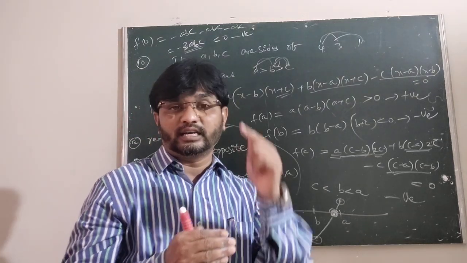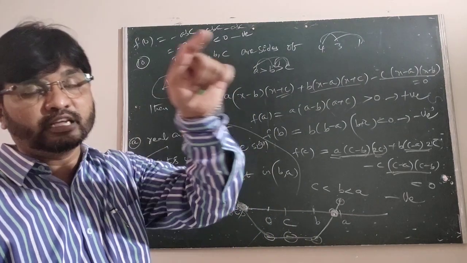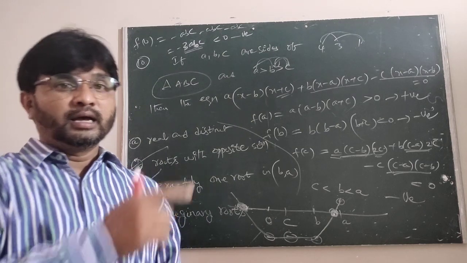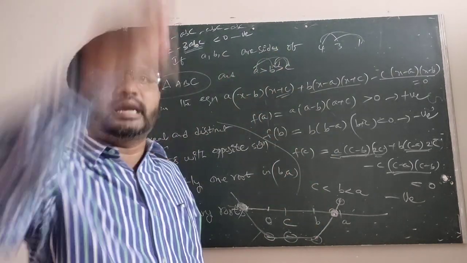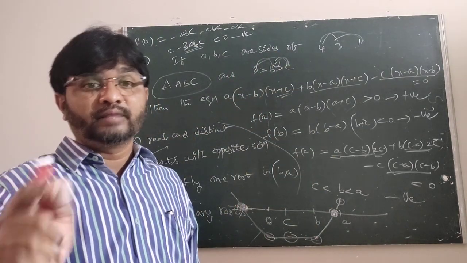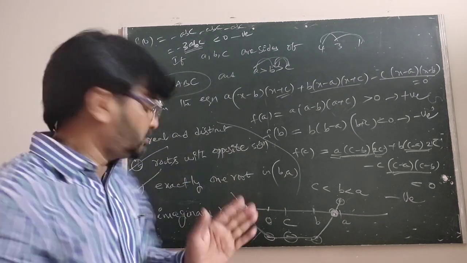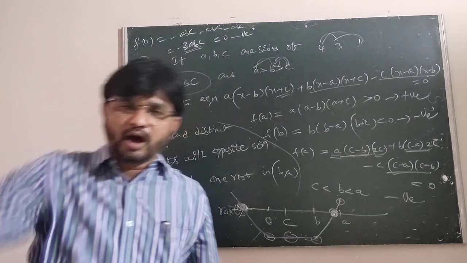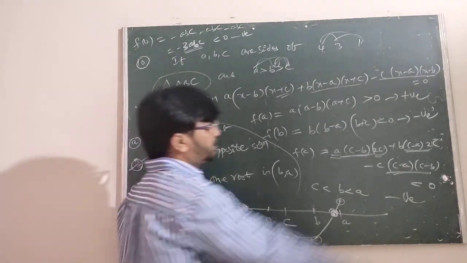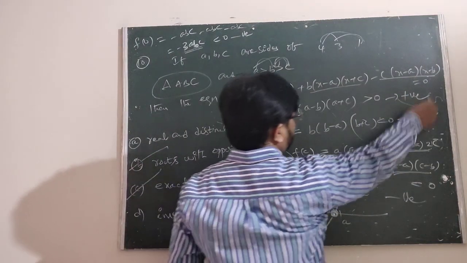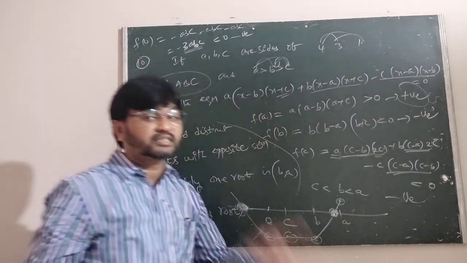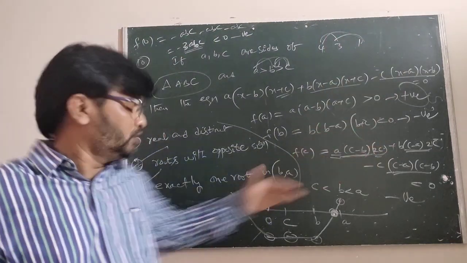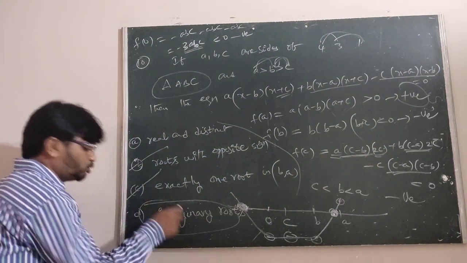If the curve touches the x-axis, the roots are real. If the curve cuts the x-axis at two distinct points, the roots are also real. Imaginary roots occur when the values are completely positive or completely negative. Here it is not completely positive: one is positive and the remaining three cases are negative.